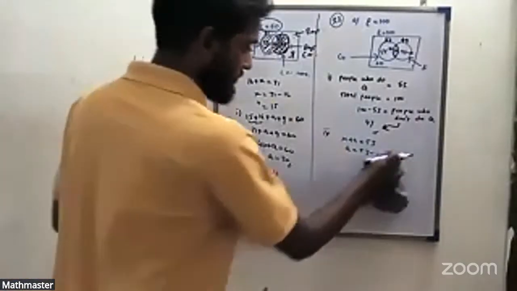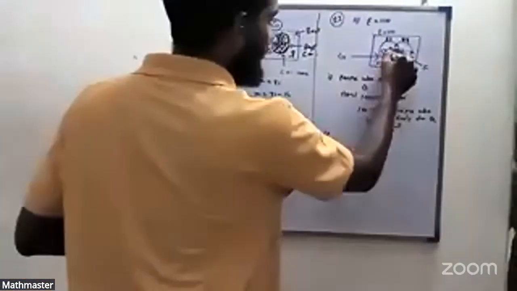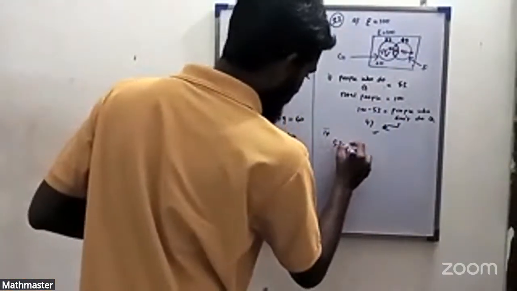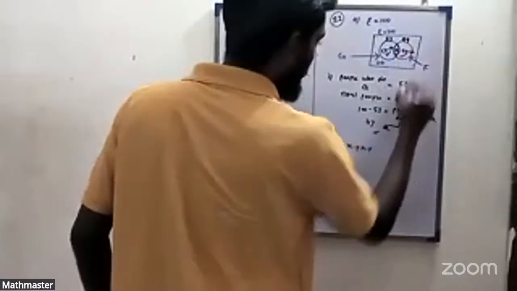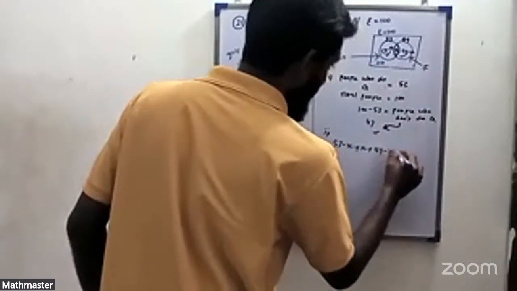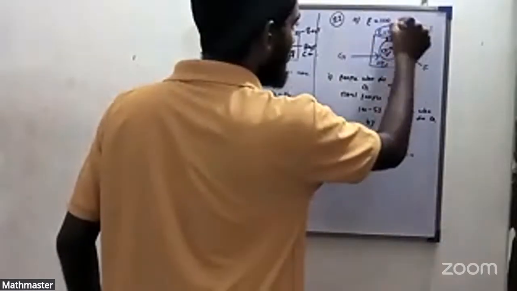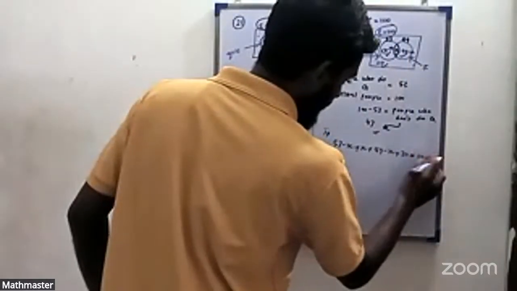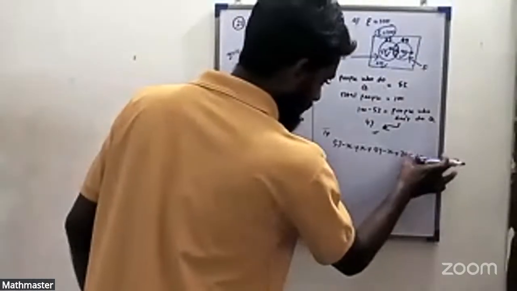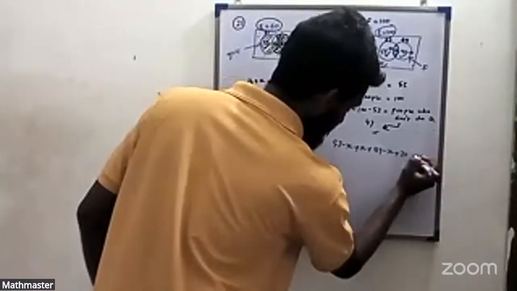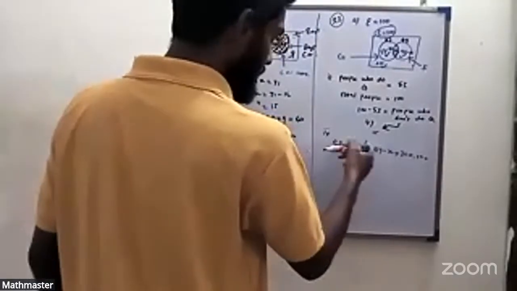Now we can find X. How to find X? This 53 minus X plus this X plus this 49 minus X plus this 20 should give you the total 100. Here minus X plus X cancels. 53 plus 49 plus 20.